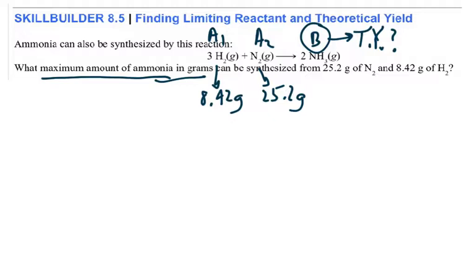We're going to need to do two mass-to-mass problems. So let's start with A1. First, we've got to convert the grams of hydrogen, 8.42 grams, into moles.